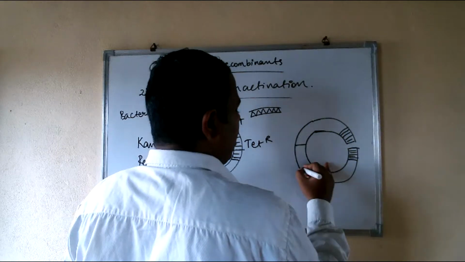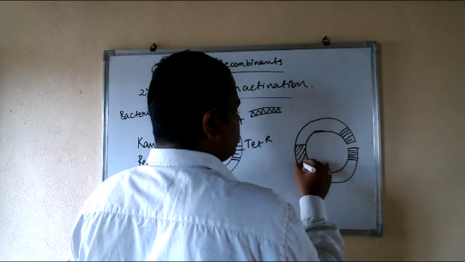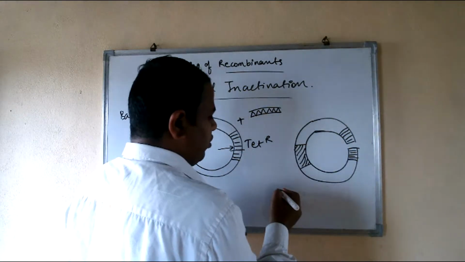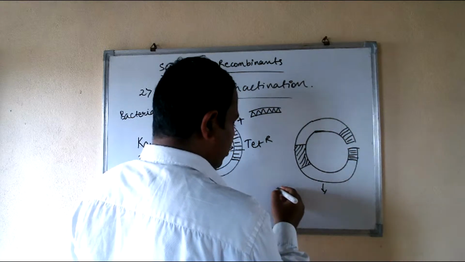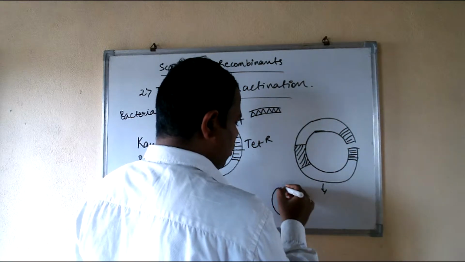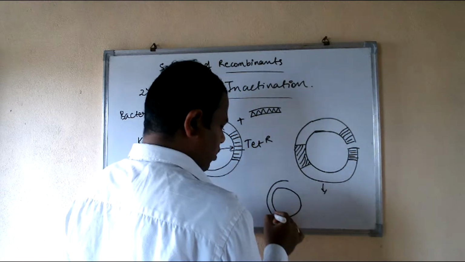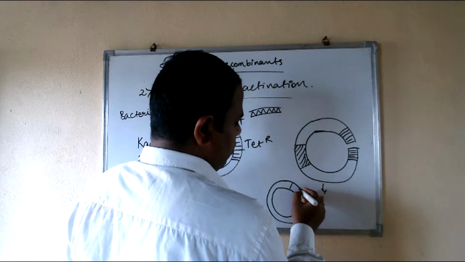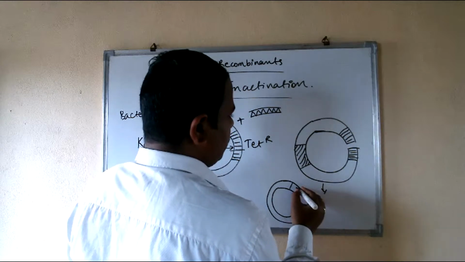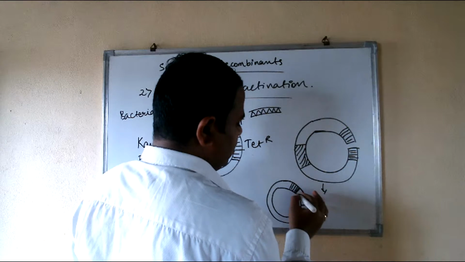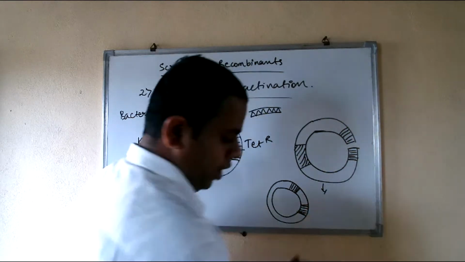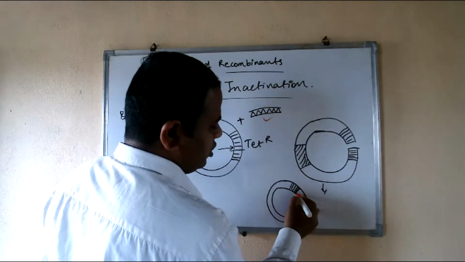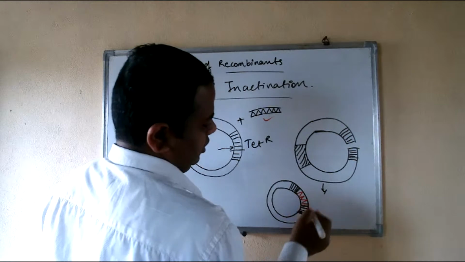So what is going to happen? The tetracycline resistance gene is going to be insertionally inactivated. Now my fragment of interest will be added here. You can see here, I'm drawing the diagram. Here you can see this was the gene for tetracycline resistance, and I have added my fragment of interest at this position, which will be like this.